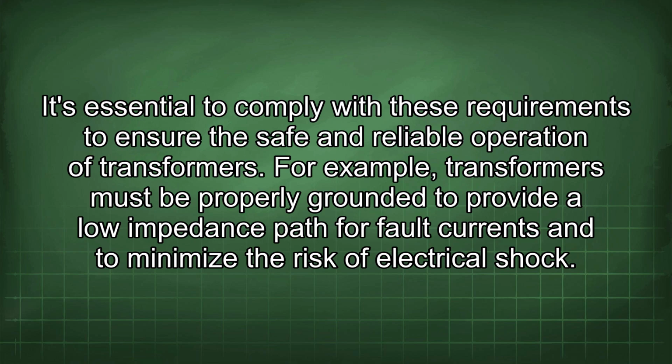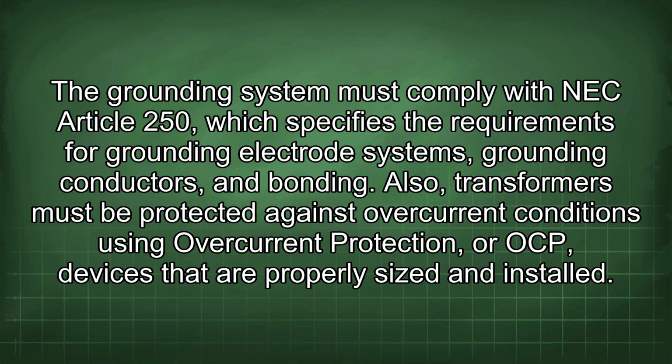For example, transformers must be properly grounded to provide a low impedance path for fault current and to minimize the risk of electrical shock. The grounding system must comply with NEC Article 250, which specifies the requirements for grounding electrode systems, grounding conductors, and bonding.